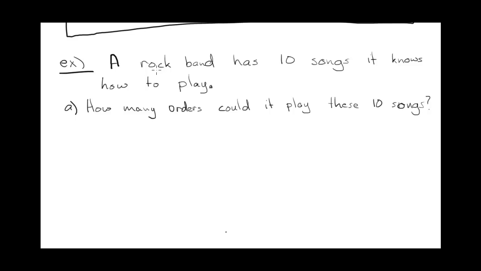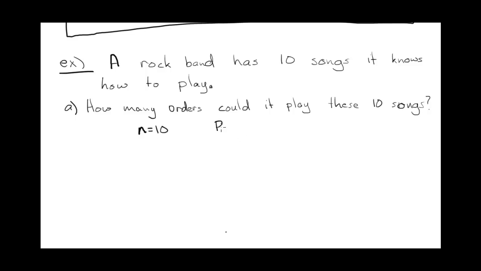Okay, another example. A rock band has 10 songs it knows how to play, and A, how many orders could it play these 10 songs? So they're playing a concert, and how many different arrangements of these 10 songs could it play? So this is asking how many permutations of these 10 songs are there. So in this case, n is equal to 10.